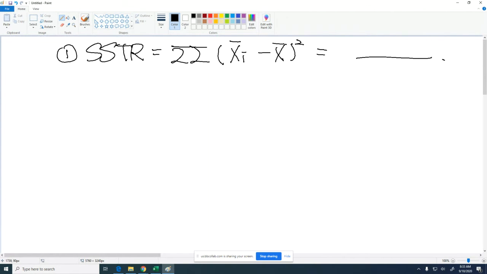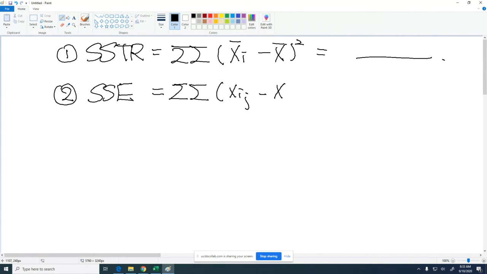We have the other form too. And the second one is SSE, another double summation, individual minus each sample mean. We have the other formula as well, but today I want to use the first one, the double summation.